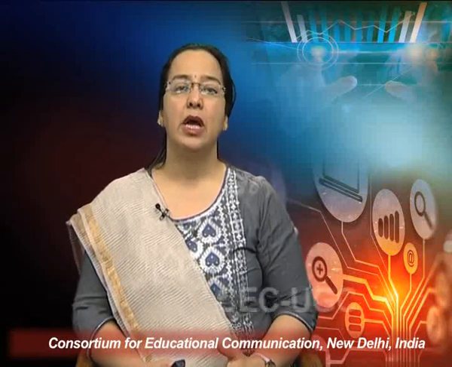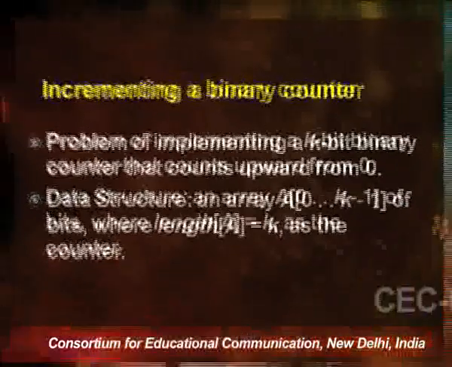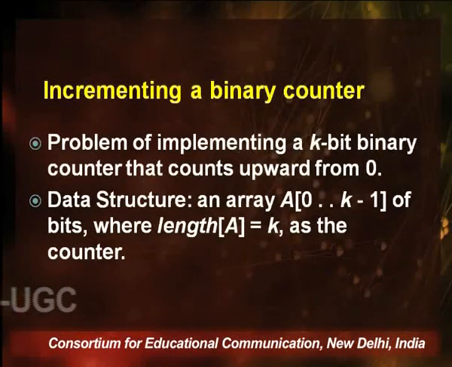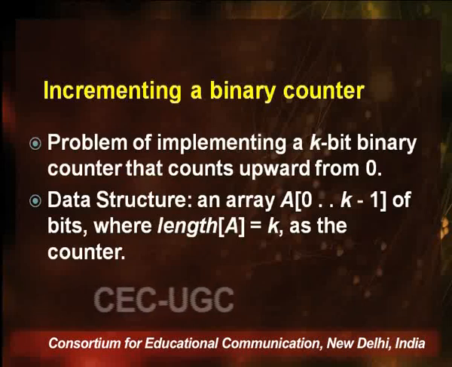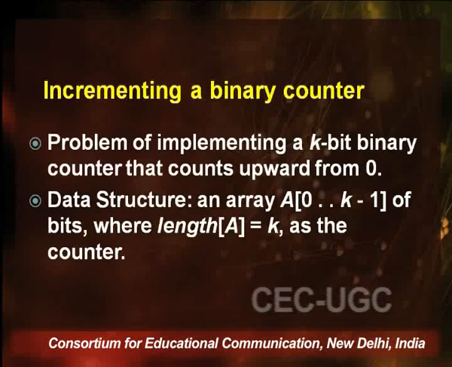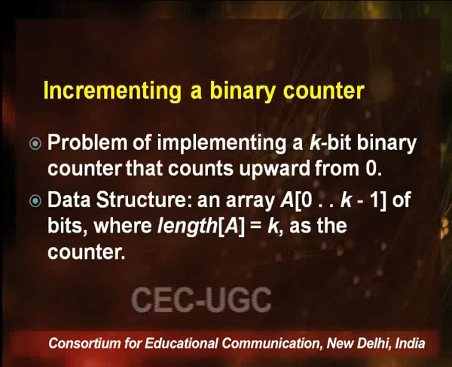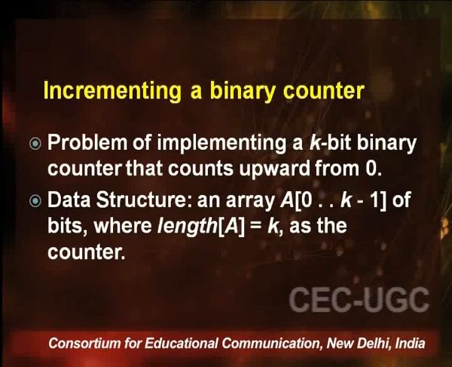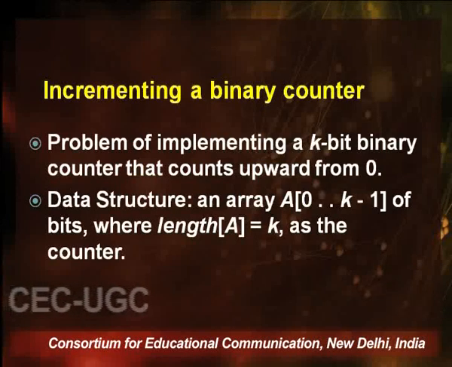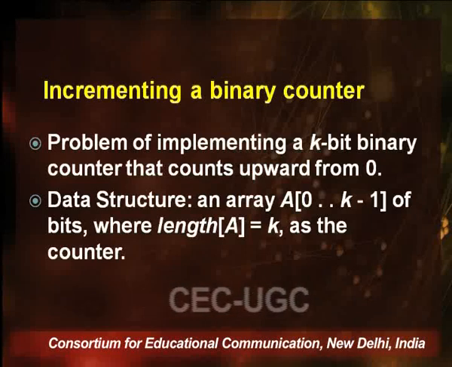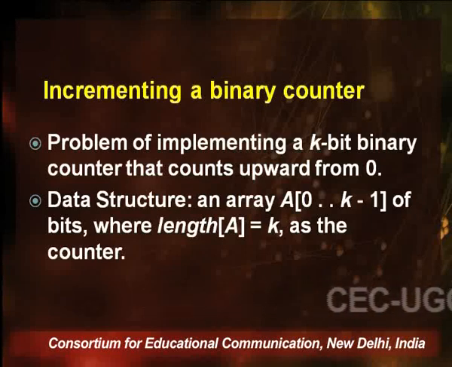It is the problem of implementing a k-bit binary counter, whose number of bits is k, counting upward from 0. Initially the value is 0, then it becomes 1, then 2 and 3 and so on, but in terms of binary numbers. To implement this binary counter, we take a data structure which is an array.